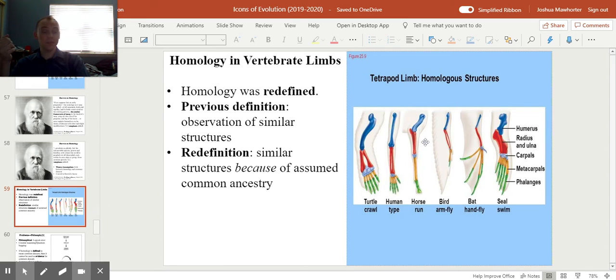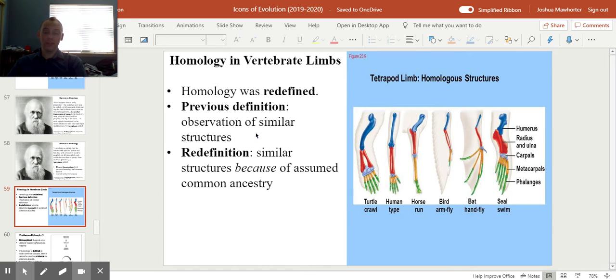Which we can see here in this picture. That's true. But the definition was changed. The previous definition was just an observation of similar structures, but there was a redefinition. The definition of homology was changed from similar structures to similar structures because of assumed common ancestry.